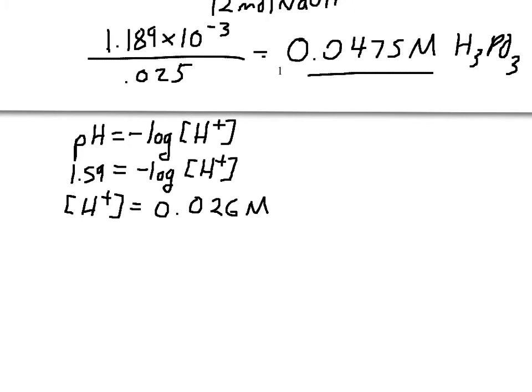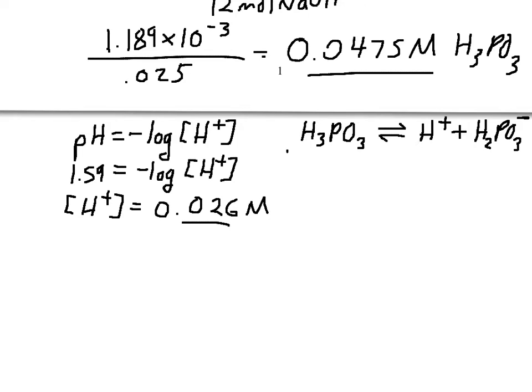And so we have a new equation now. We have the equation of just the weak acid dissociating. And so this is going to be our equilibrium equation that produces hydrogen ions. So this is the equation we want to deal with. And we have the equilibrium concentration of hydrogen ions. So to find the percent dissociation, we can set up an ICE table.